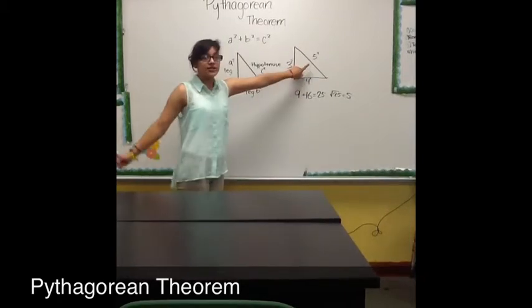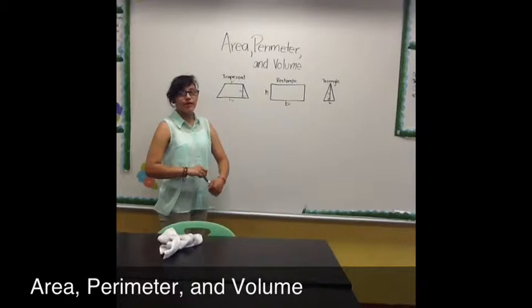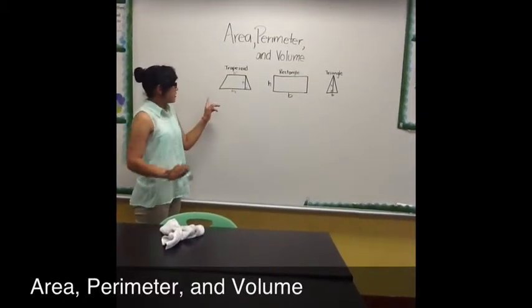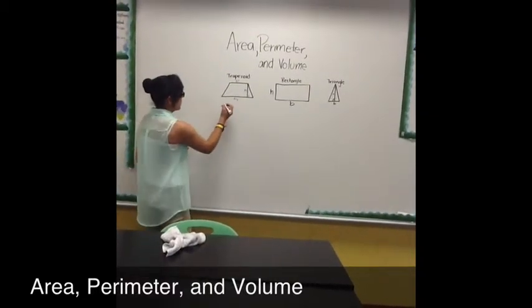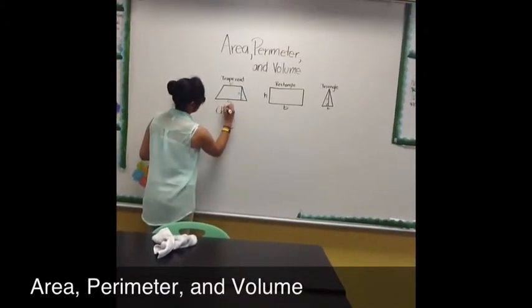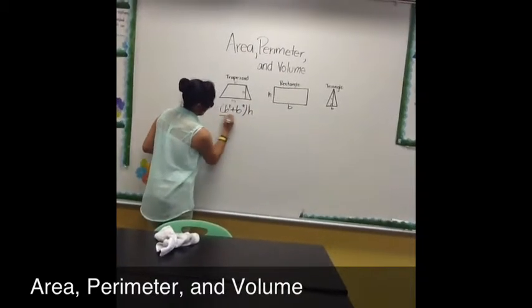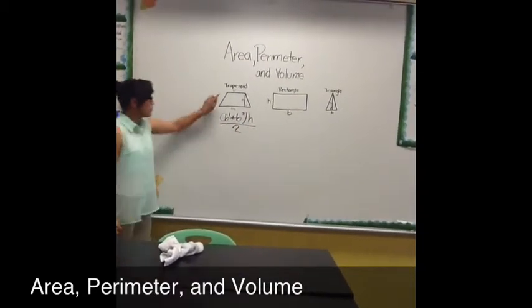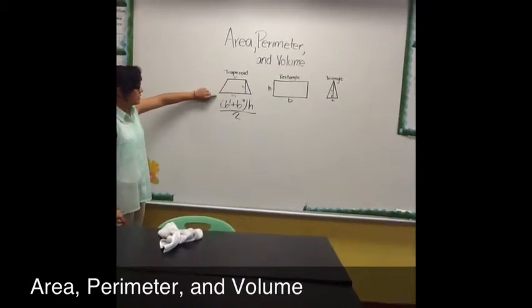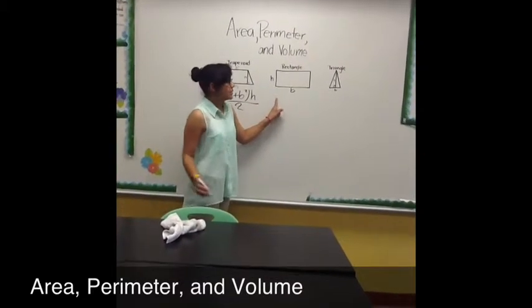So this is correct. Our next section is area, perimeter, and volume. Let's start with the area of a trapezoid. The formula for the area of a trapezoid is base 1 plus base 2 times height divided by 2, where this is base 1, this is base 2, and this is the height. Let's move on to a rectangle.